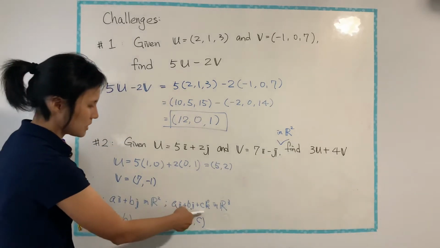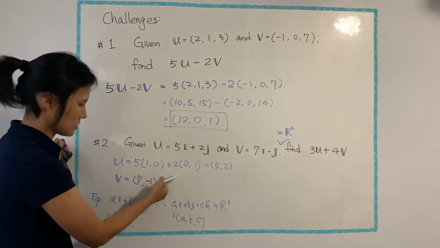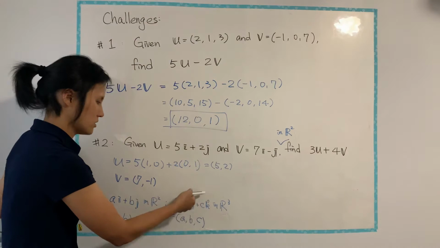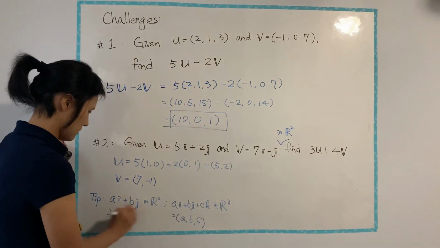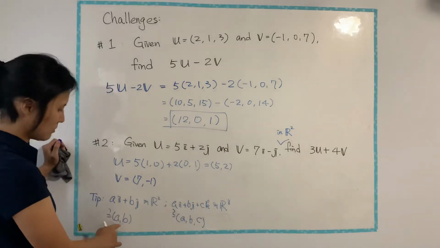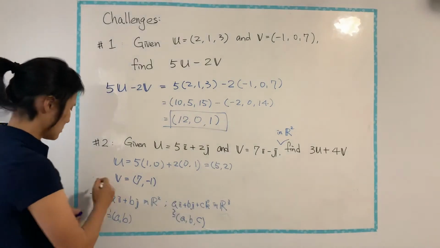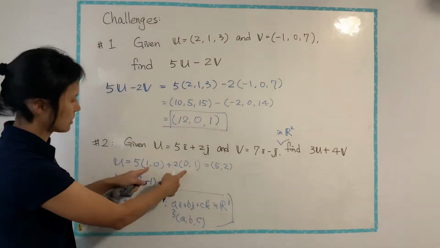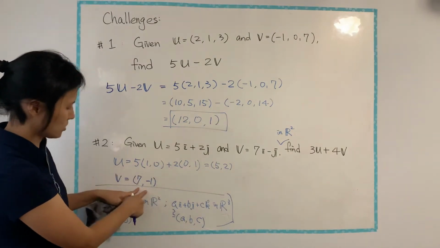If you don't believe me, you should work this out. You know i is the vector 1, 0, 0, j is the vector 0, 1, 0, and k is the vector 0, 0, 1. You can work this out and see if you get a, b and a, b, c for these two cases. So this is just a side tip. We do not have to write this out all the time. We can just jump to the explicit solution.